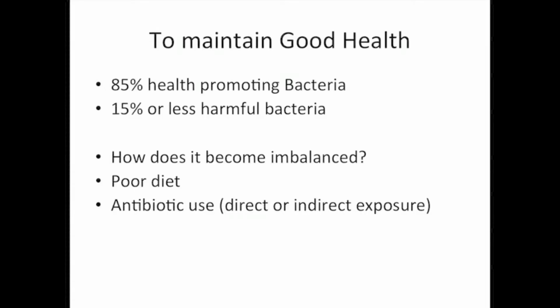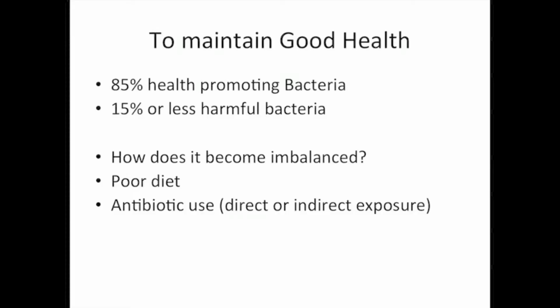Also, antibiotic use, which can be direct or indirect exposure. While antibiotics are often life-saving, they also can have negative side effects. Antibiotics are not targeted to kill just specific infectious bacteria. They kill all bacteria, including life-saving ones needed for proper immune function and digestion.